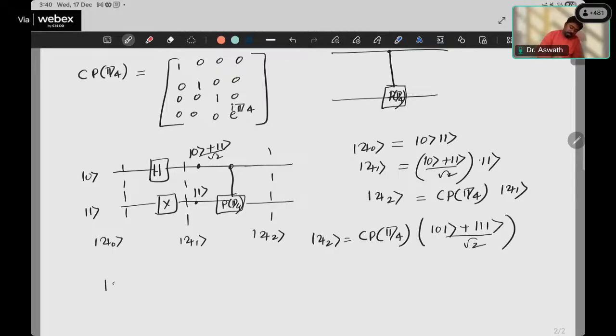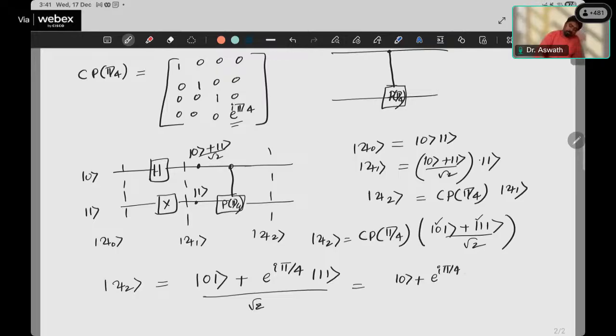Now as you can see, whenever control is 0, the target will not see anything. But whenever control is 1, the target is being added with exponential i pi by 4. So that is exponential i pi by 4 times |1 1⟩ divided by square root of 2. Now you see, I can take the common 1 ket. What I'll have is (0 plus exponential i pi by 4 1 ket) 1 ket divided by square root of 2.